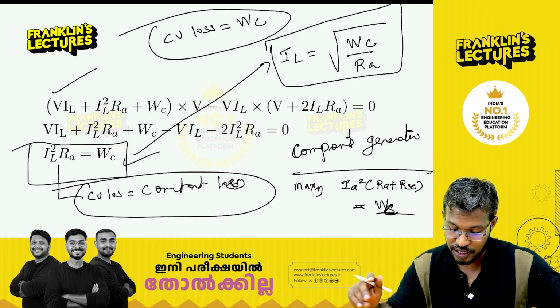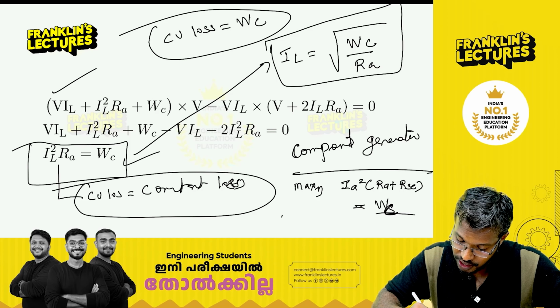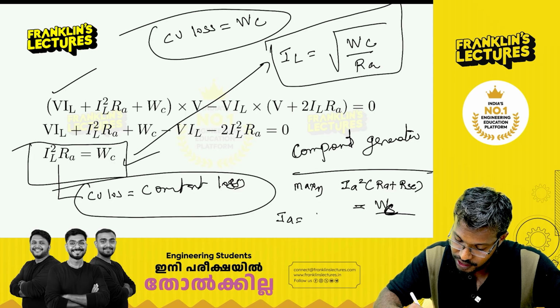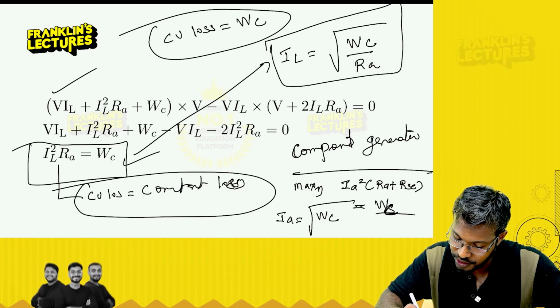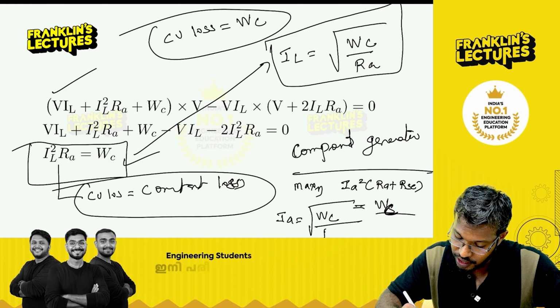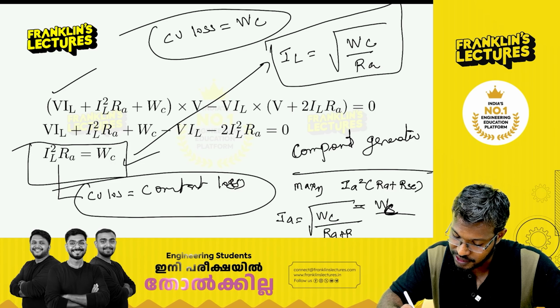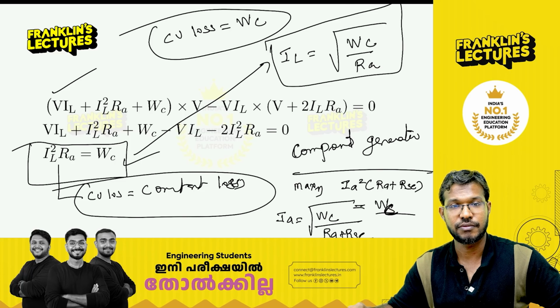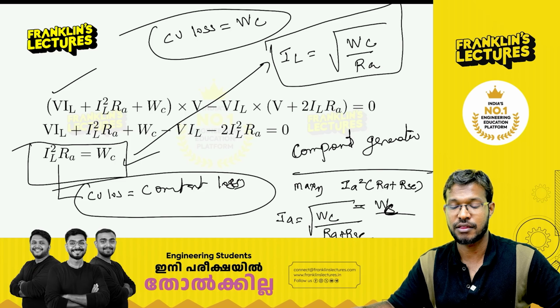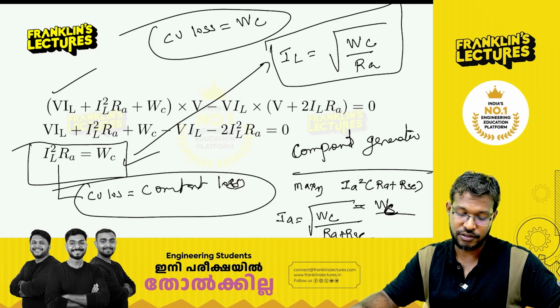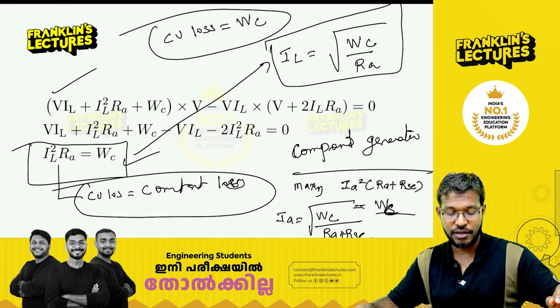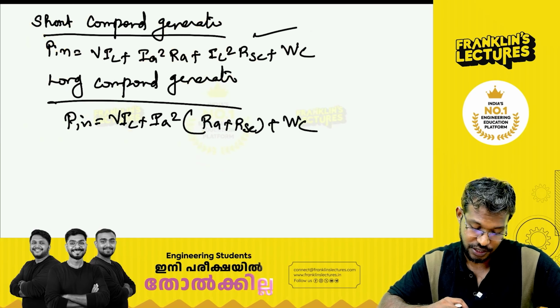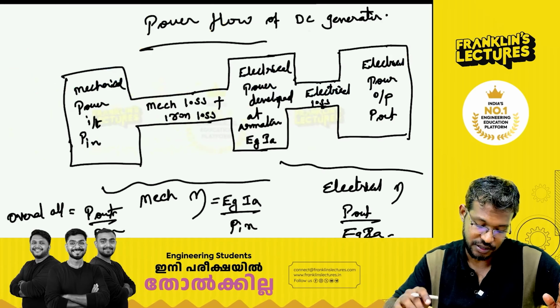So IL is equal to root of WC by RA. In the case of a compound generator too, the current at maximum efficiency is root of WC by RA plus RSE. So root of WC by RA will give the current at which maximum efficiency occurs. This is all related.